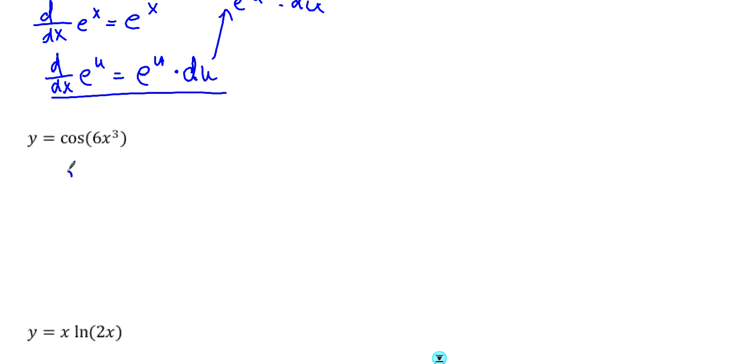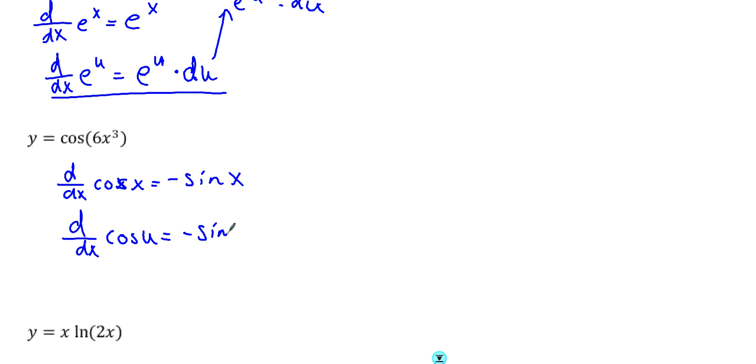So any of our formulas can be rewritten as a chain rule formula. Same thing with cosine. D over dx, the derivative of cosine x is negative sine x. So the chain rule variant of it would be cosine of u, and the derivative of cosine of u would be negative sine u times the derivative of whatever u is.